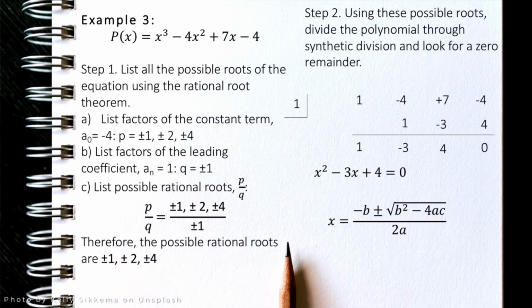And then, we're going to get the values of a, b, c of our quadratic equation. That is, a is the invisible 1 here, negative 3 is the b, and the constant term is the c.